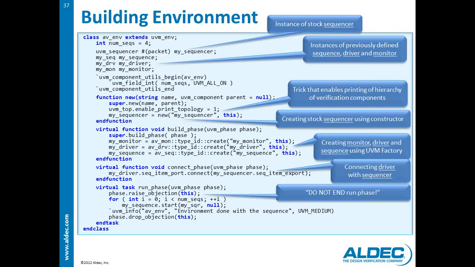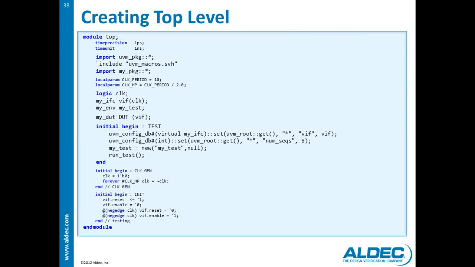So first you raise objections, then given number of times you start your sequence by specifying on which sequencer it should run, and then when you are really done, so when all sequences were processed and all messages were displayed, you drop objections as you see in that last callout.